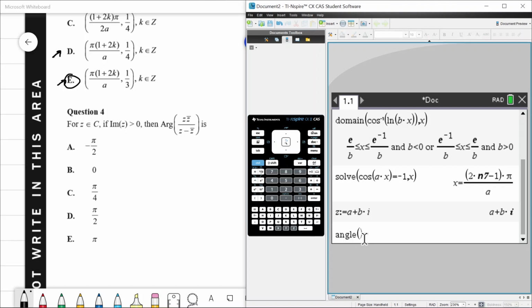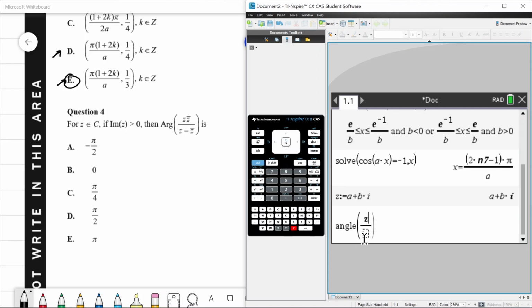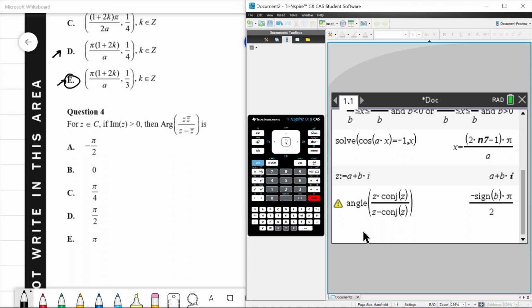So what we can do is arg of, we have a fraction of z times the conjugate of z over z minus conjugate of z. What does that give us? We have a sign, minus sign of b, pi over 2. Now, what on earth is sign over here? S-I-G-N. Well, that's positive if b is positive, and it's negative if b is a negative number.